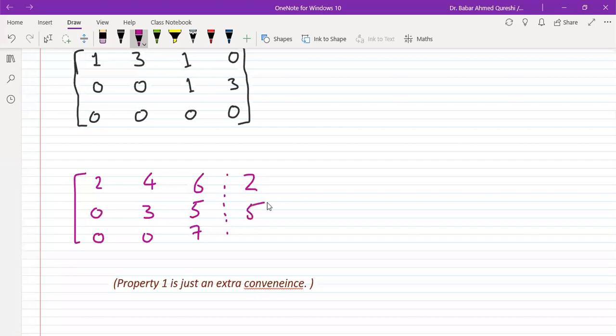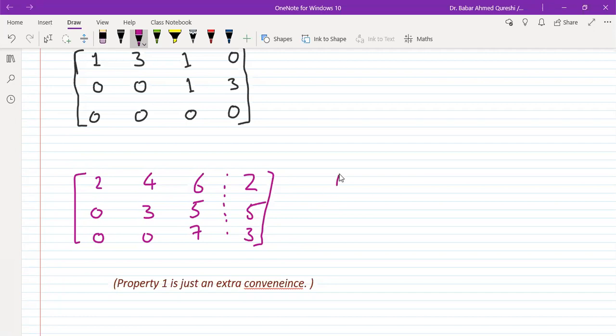2, 5, 3. It's actually strictly triangular, so you know that a unique solution exists.